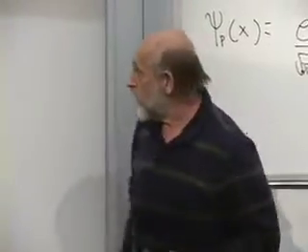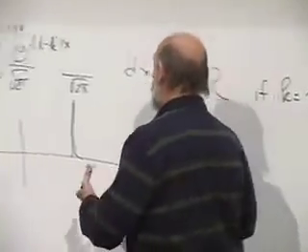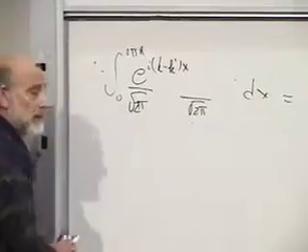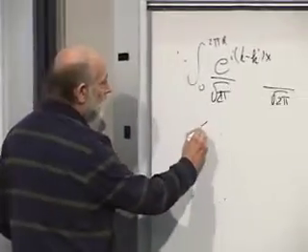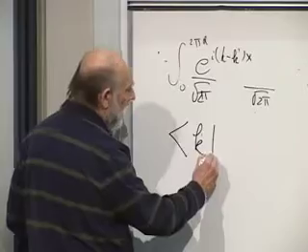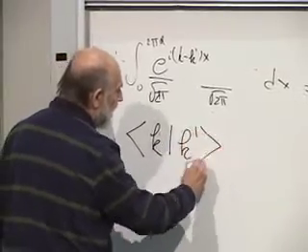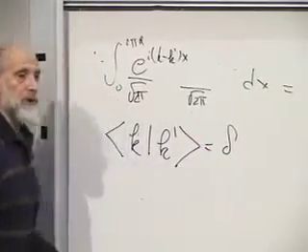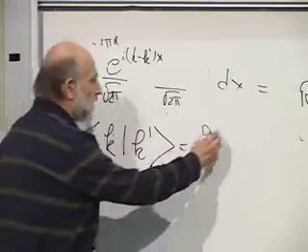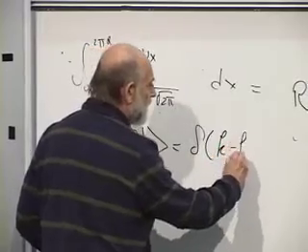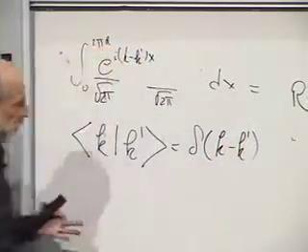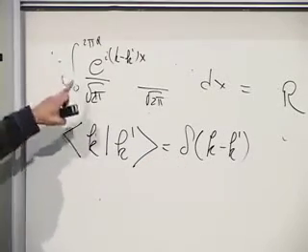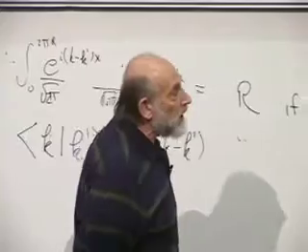Once we do that, we can write the original equation: the inner product between two eigenvectors, instead of being equal to a Kronecker delta, becomes a delta function, delta of k minus k prime. So here was the step where we stretched out the vector and made a delta function out of a Kronecker delta. We multiplied each wave function by the square root of r.